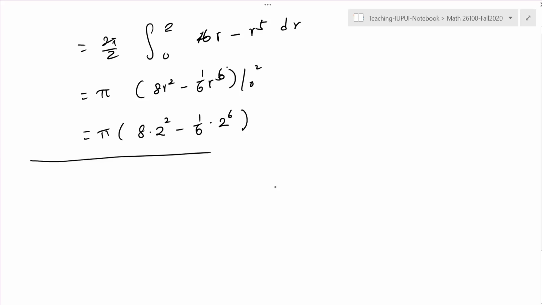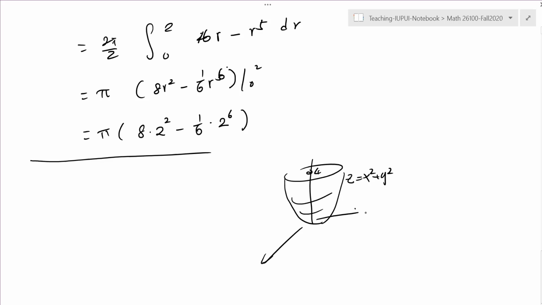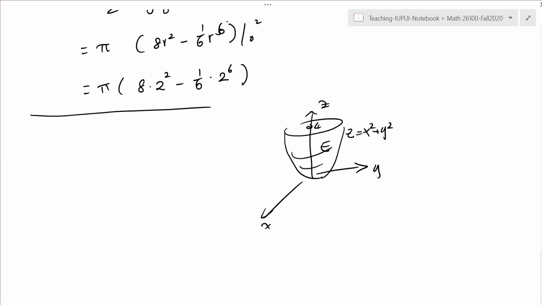Okay, let's go back to the problem again. This is a 4 here, right? And z equals x squared plus y squared. And this is a triple integral.